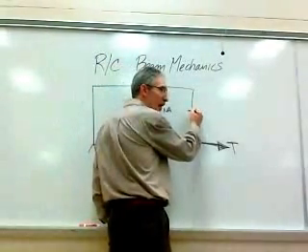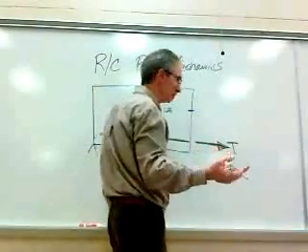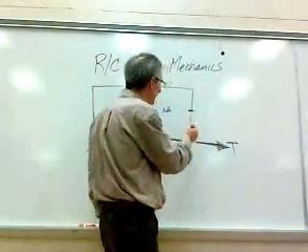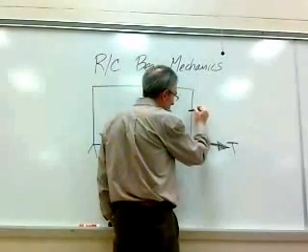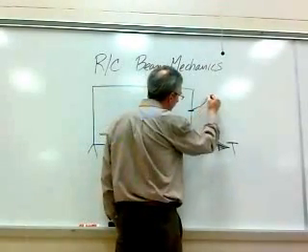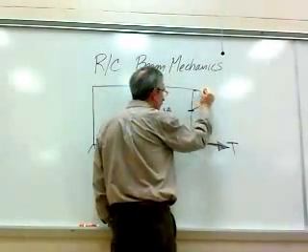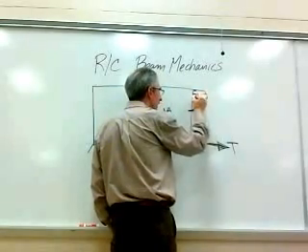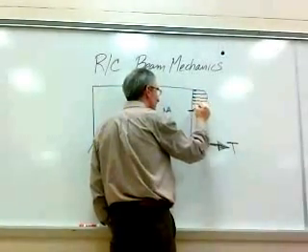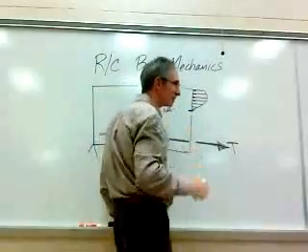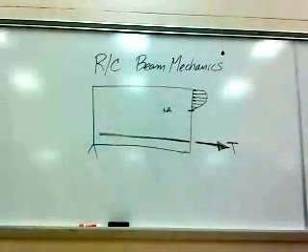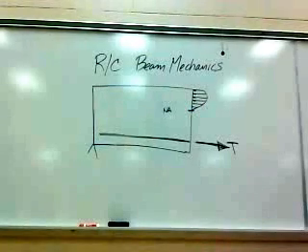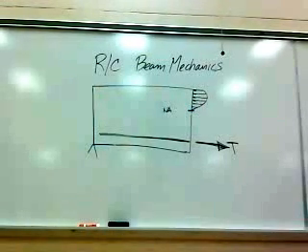What happens in compression? Well, concrete's good in compression, but because it's a different type of setup here, the distribution in compression of stress is actually a parabolic distribution. Now, how many people know the formula for the area of a parabolic shape?